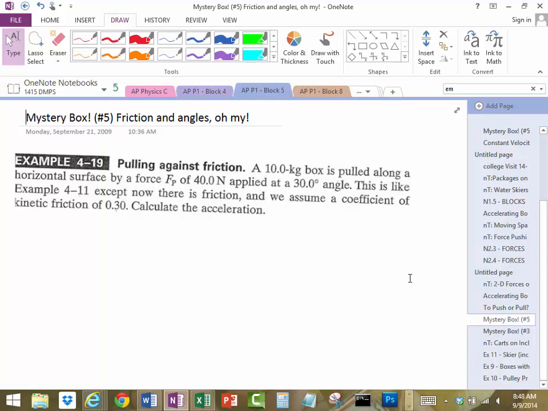Oh boy. It says the coefficient of friction is given, and you're to find the acceleration. Discuss unless I tell you to. How about that?